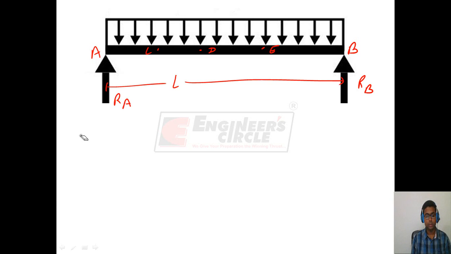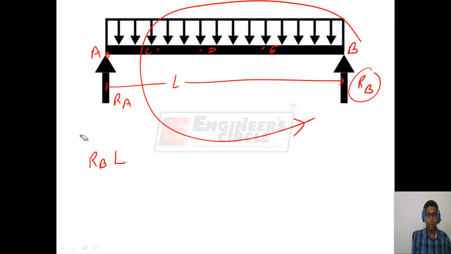So we can write RB into length L. This moment of RB is in anti-clockwise direction about point A, so we take this as positive. We will assume that counterclockwise moments will be positive. The moment of RA about point A will be 0 because RA is passing through point A.